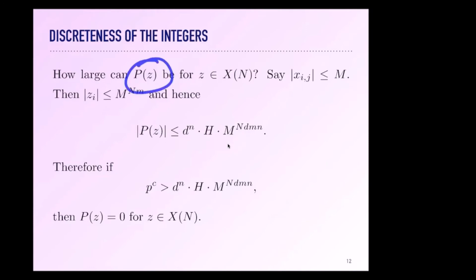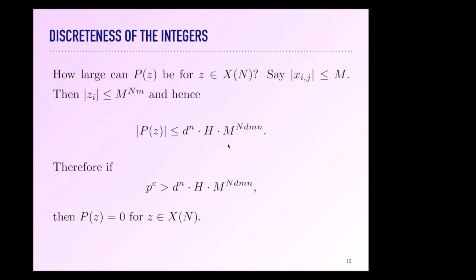So how large can p to the c be? Well, there's some constant you need to input, which is the maximum absolute value of any of these x ij's. This is a component of a tuple in this group x to the n. Each x ij is at most m, and then I'm raising them to the nth power, so I get m to the n, and then I have m rows, so I can multiply m of those things together, so I get another m power here.